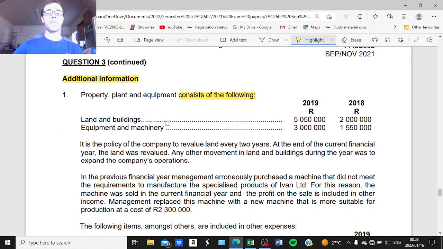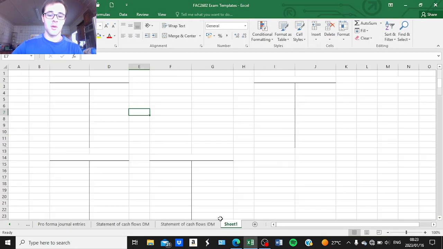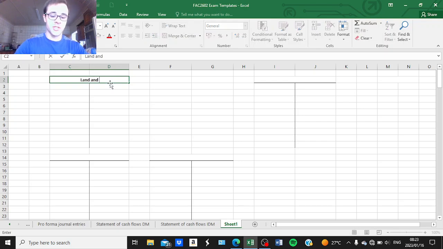So let us draw up a separate general ledger account for land and buildings and another one for equipment and machinery. All right, so in terms of land and buildings, which is measured in accordance with the revaluation model, so these are at fair value.